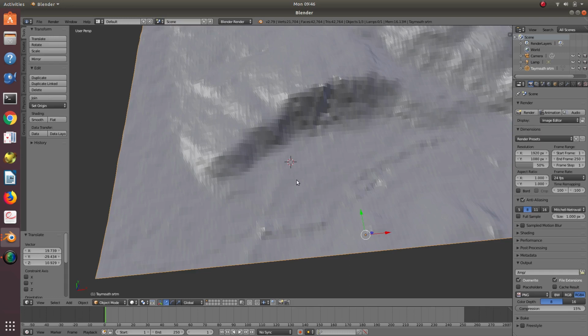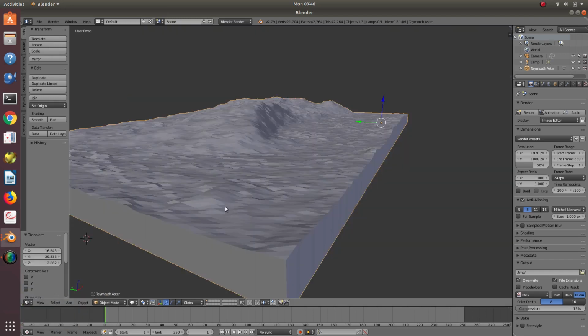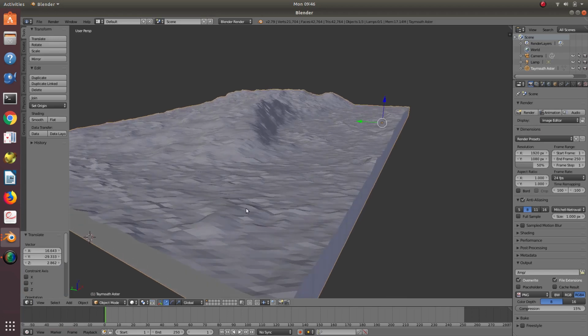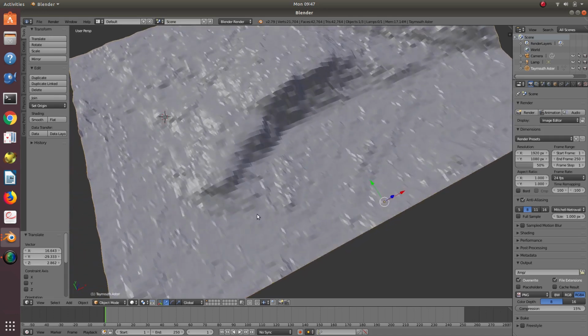So having had a look at that, but not very impressed with it, I then thought, what else have I got potentially? And here is the same thing rendered from the ASTER data. It looks similar, but is clearly quite a bit noisier. The resolution is pretty much the same.